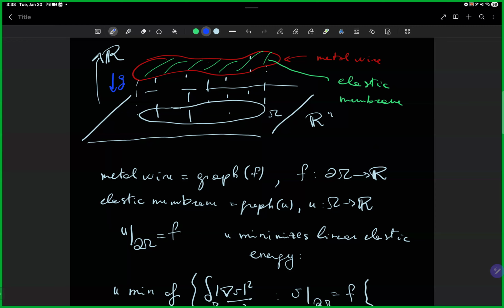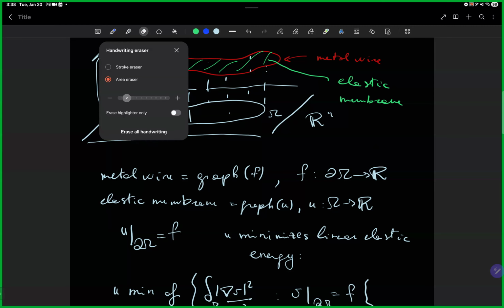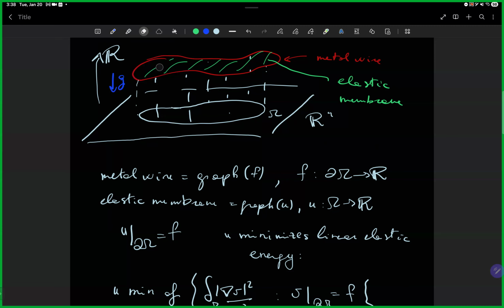This will make my elastic membrane bend. Let me erase it. My elastic membrane will rather do something like this now because of gravity. It will be pushed down.